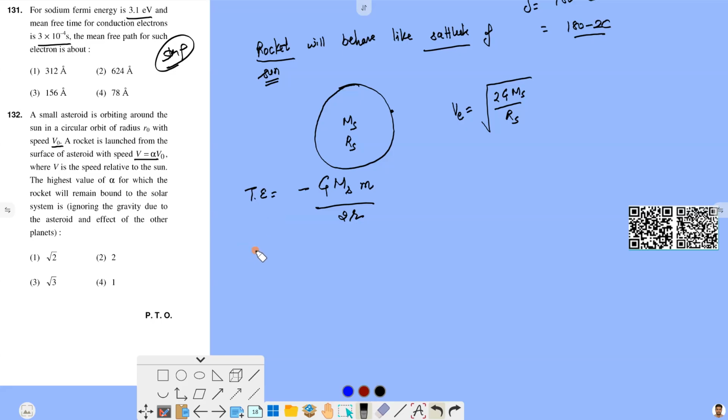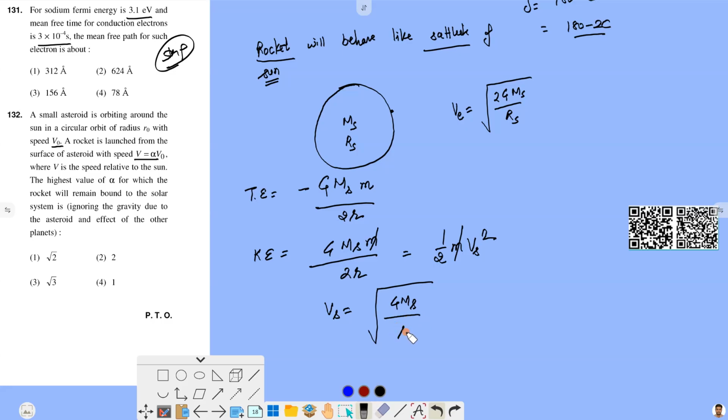And the kinetic energy for the bounded satellite is just the modulus of this. So this will be G ms m by 2r. Now this kinetic energy has to be equal to half m v satellite square. So m gets cancelled, and from this, the velocity of the satellite orbiting the sun in a bounded orbit will be equal to under root G ms divided by r.